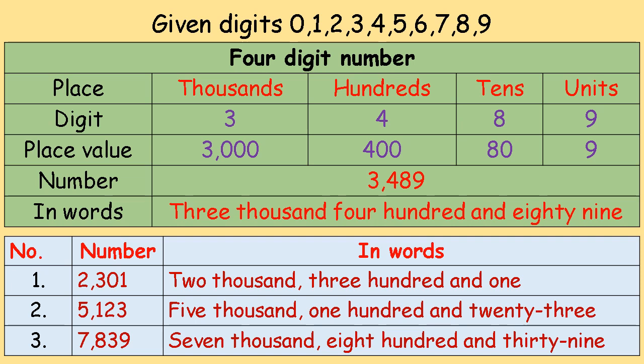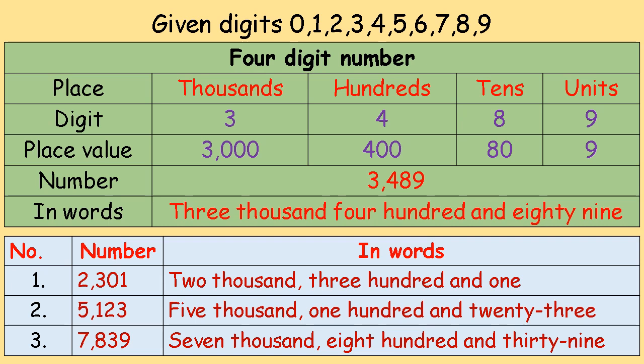Let's make a 4 digit number. A 4 digit number will have 4 places, thousands, hundreds, tens and units. Therefore, we need to select any 4 digits from the given digits to make a 4 digit number. I have taken 9 in units place, 8 in tens place, 4 in hundreds place and 3 in thousands place.